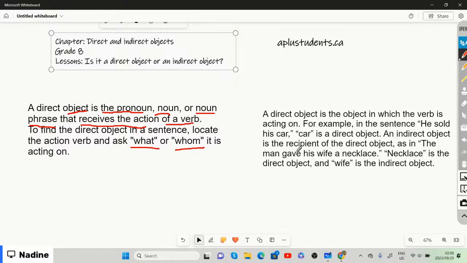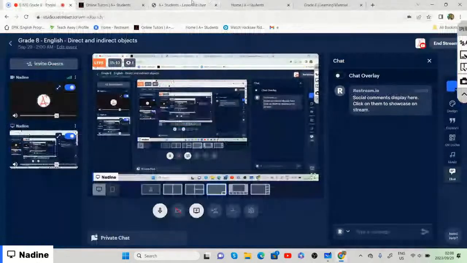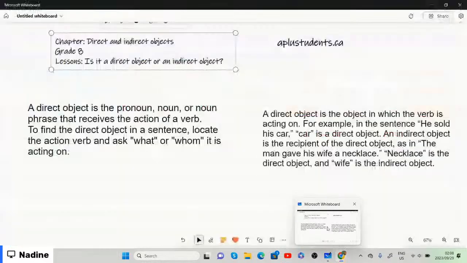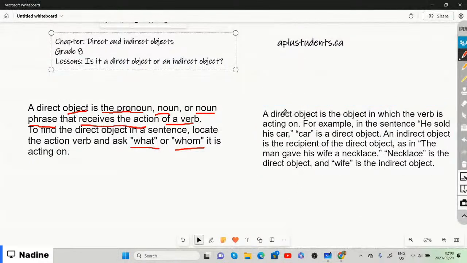For example, he sold his car. What did he sell?